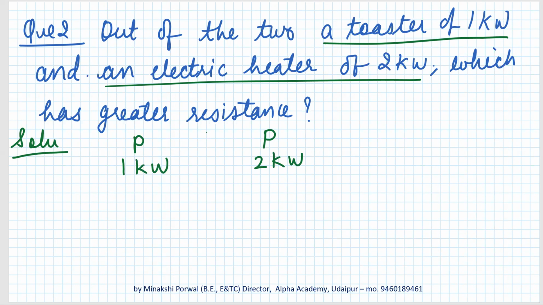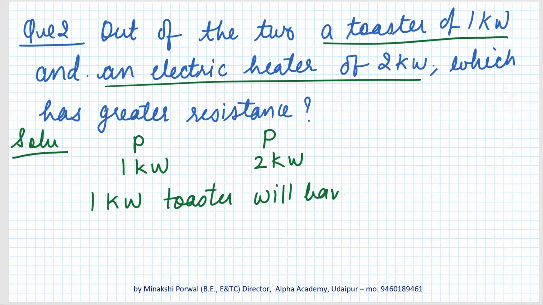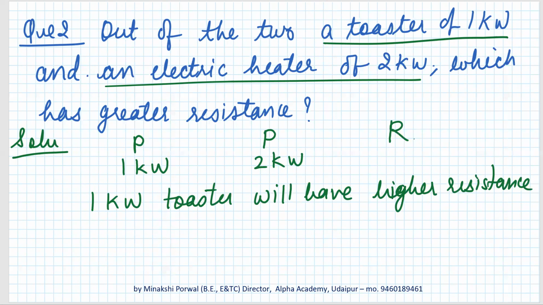So basically the 1 kilowatt toaster will have higher resistance, because R equals V square upon P, or P equals V square upon R.